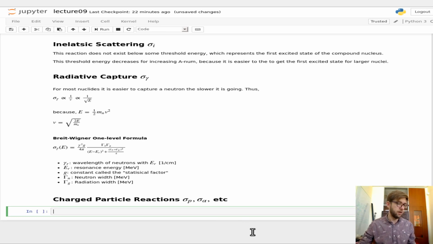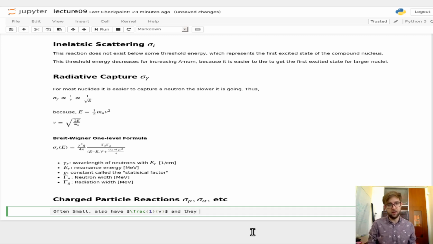These sorts of cross-sections are often small. However, they typically have a 1/v dependence, so the slower the incoming neutron is going, the more likely it is to interact.